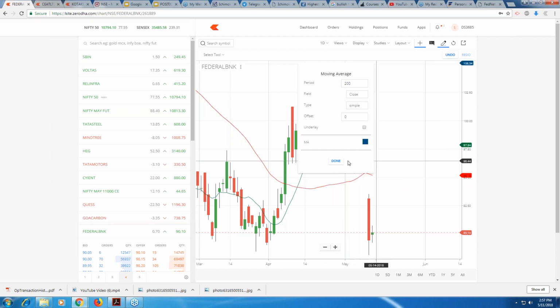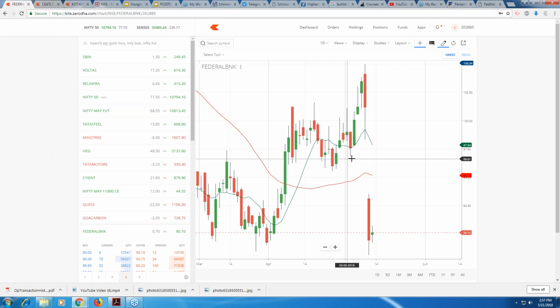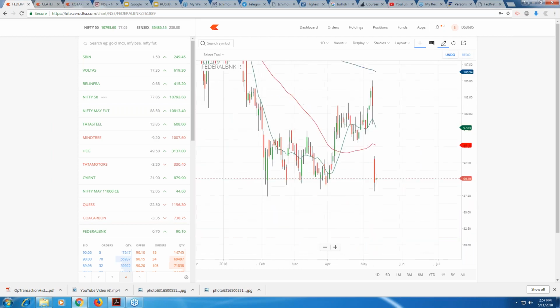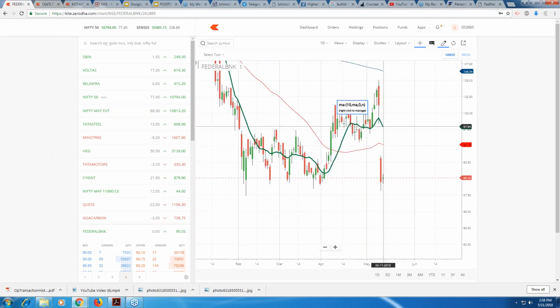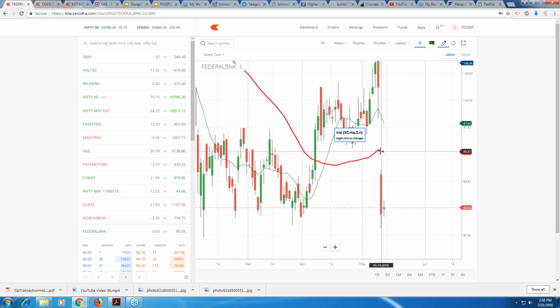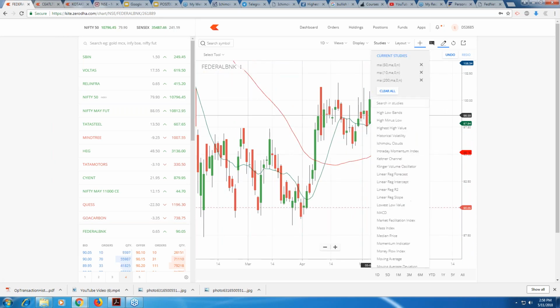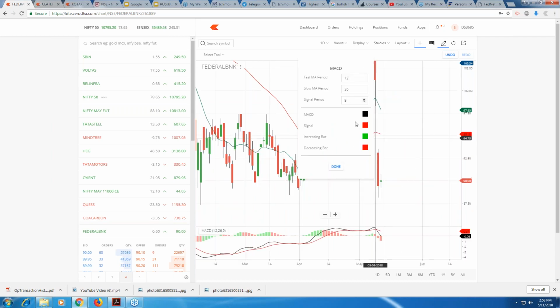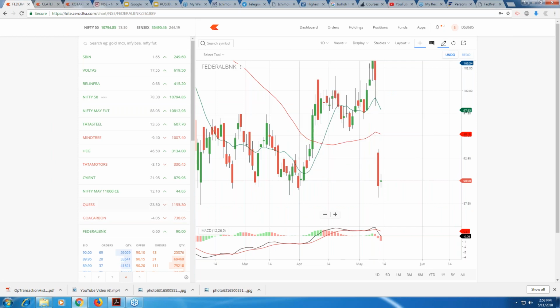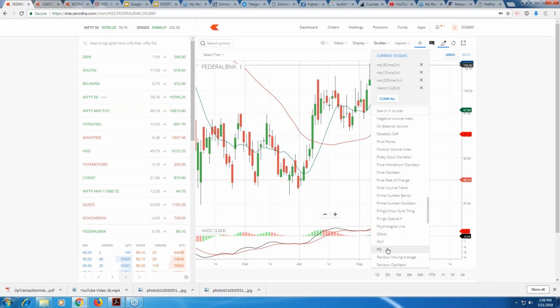Not necessary, you can give any color you wish to, but I've just given you some different colors. Now go again to the studies and use MACD default values, 12, 26, and 9, with whatever color they have taken. And RSI I'm going to change a little bit, right?